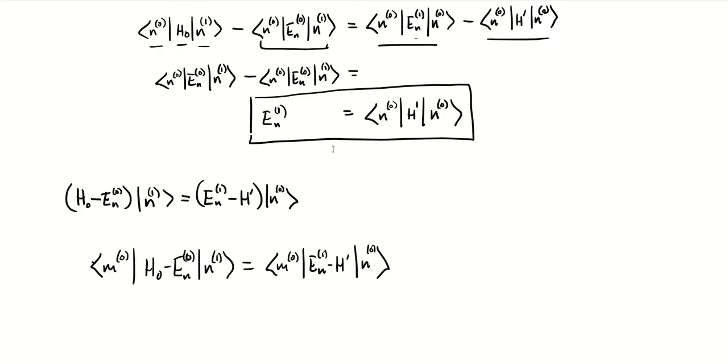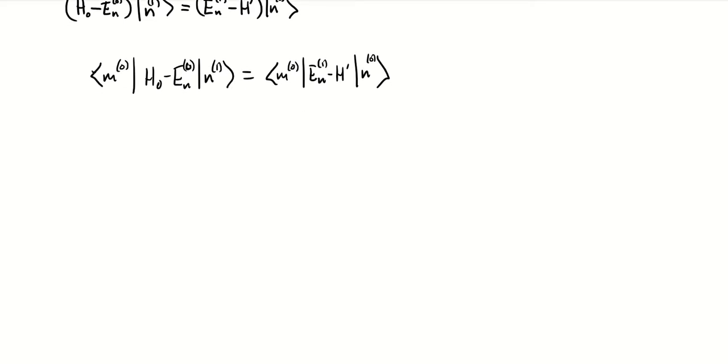So if we look at that, this Hamiltonian operating on that is going to give us Em0 minus En0 times <m0|n1>, the first order correction to that state.